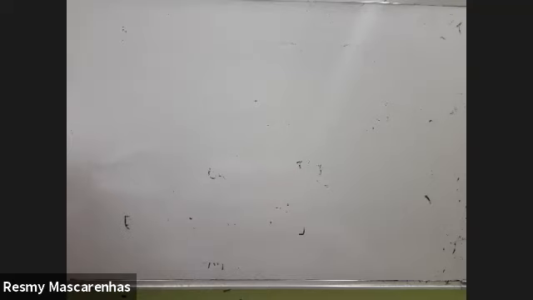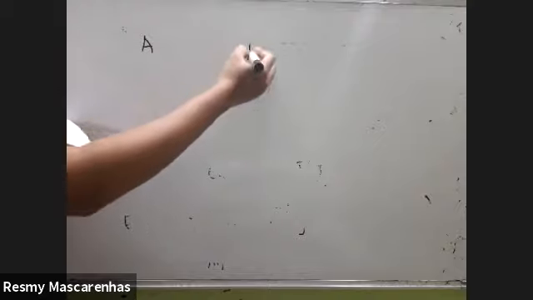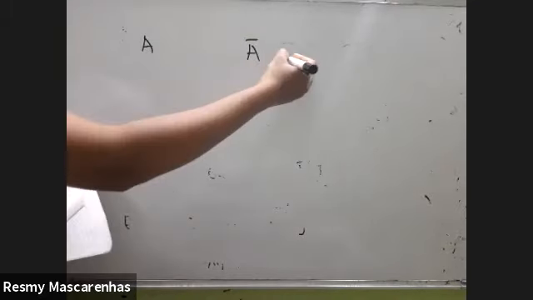Now, the complement of A, or not A. If A is the event and you want to find its complement, it is described as A bar.